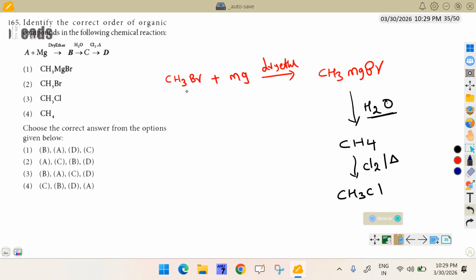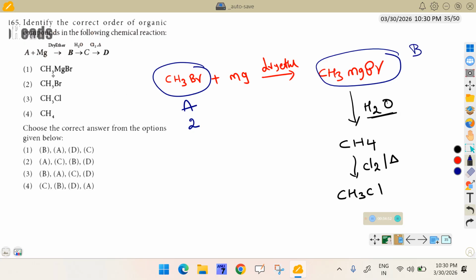Based on that, CH3Br is A, so number 2. CH3MgBr is B, number 1. CH4 is C, number 4.